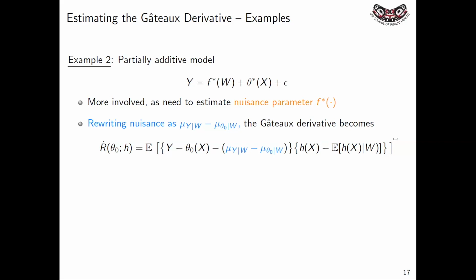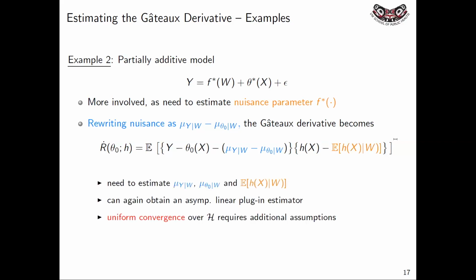But here now we have to adjust for this additional stuff that comes from the nuisance. And then we look at that adjusted residual, whether it's orthogonal to h minus, again, some term that is the effect of the nuisance. So if we estimate these quantities, the mean of y given w, the mean of theta naught given w, and then the expected value of h given w, we could carry out the testing in the same way that we were doing it before.